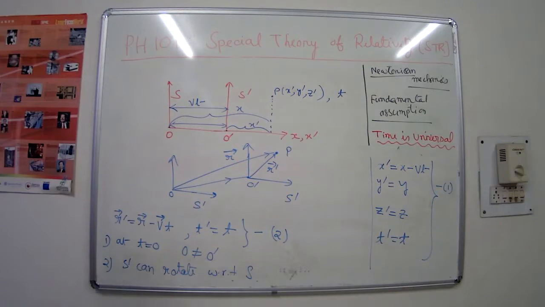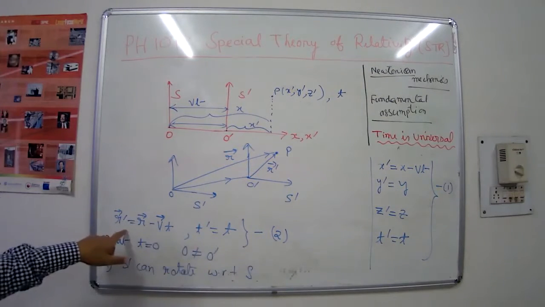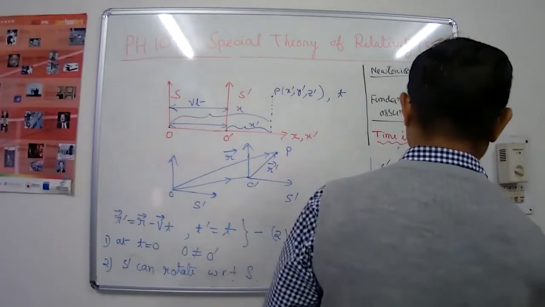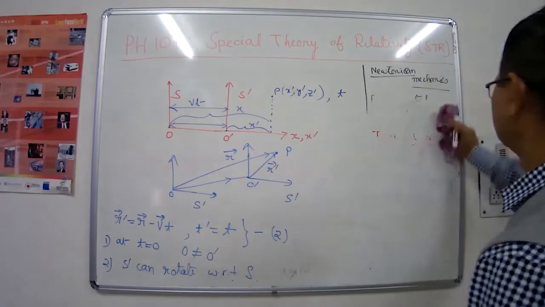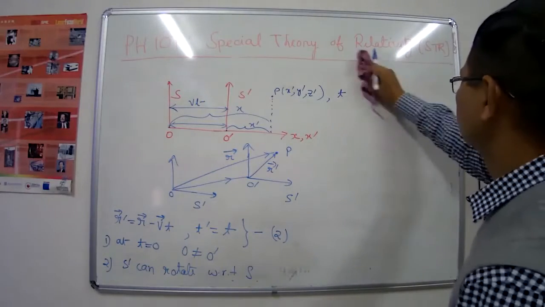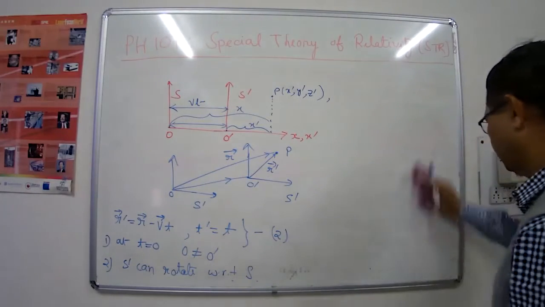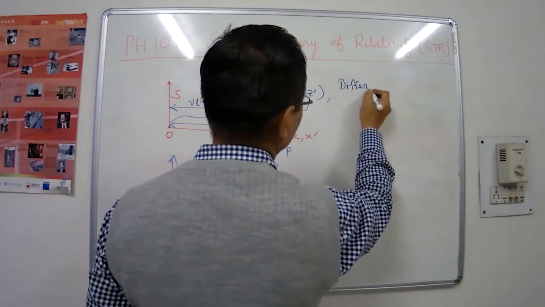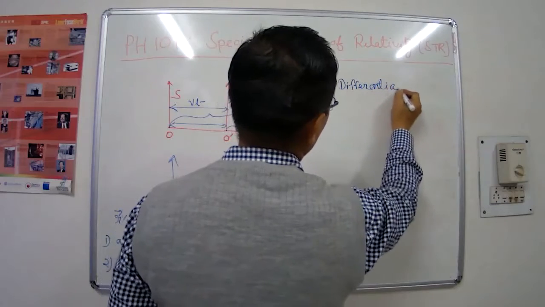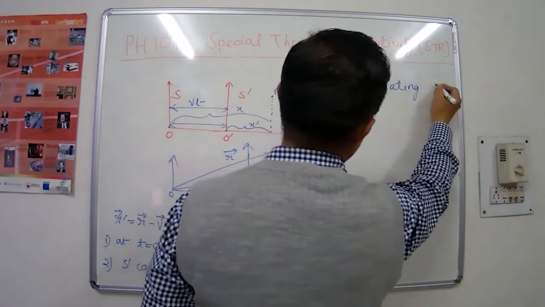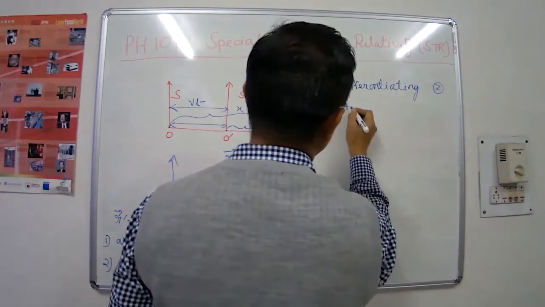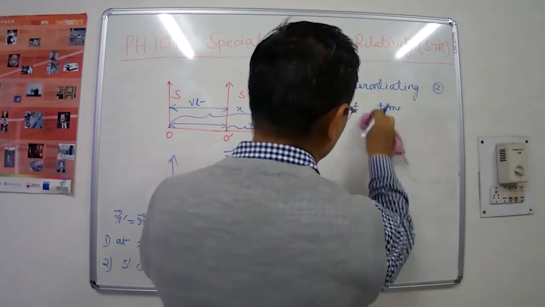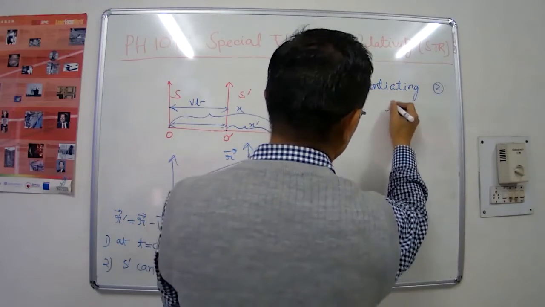Now, if you consider equation 2 and differentiate equation 2 with respect to time, so differentiating equation 2 with respect to time or with respect to t.